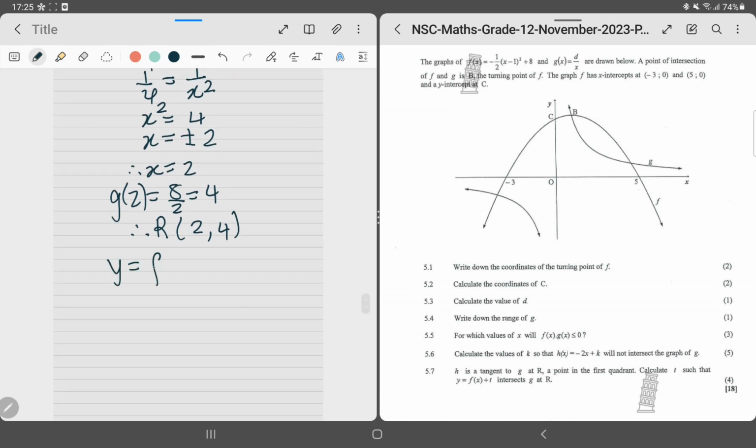So y should be equal to f at x plus t. y should be equal to 4. f at x is given by negative 1 over 2, where x is 2, minus 1 squared plus 8, plus t. So this is negative 7 over 2.